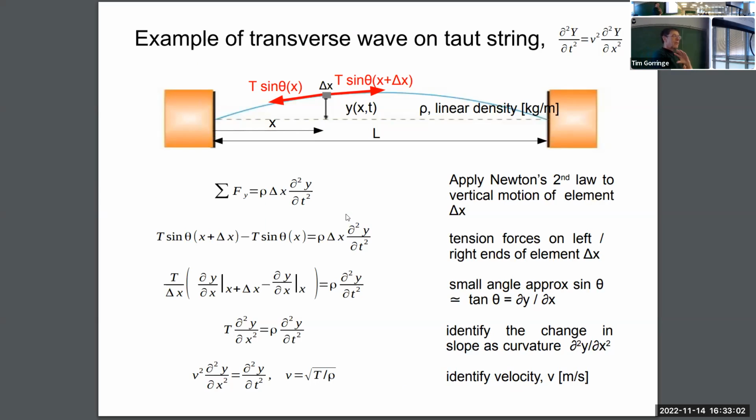Okay, to make things concrete, I was going to talk about the wave equation for a string stretched between two fixed points. So it's a string under some tension, and we're going to imagine that we pluck that string and release it, and we'll see a wave propagate along the length of the string, up and down the string.